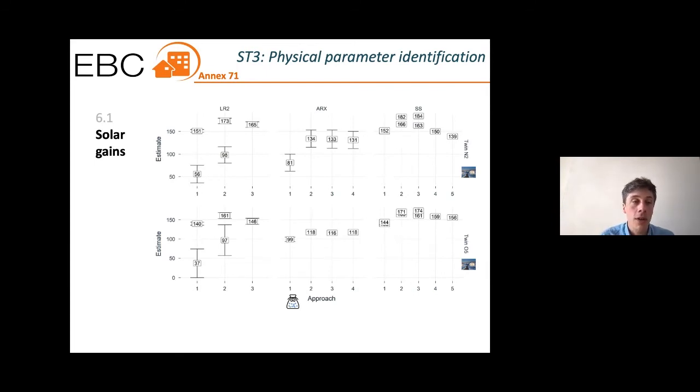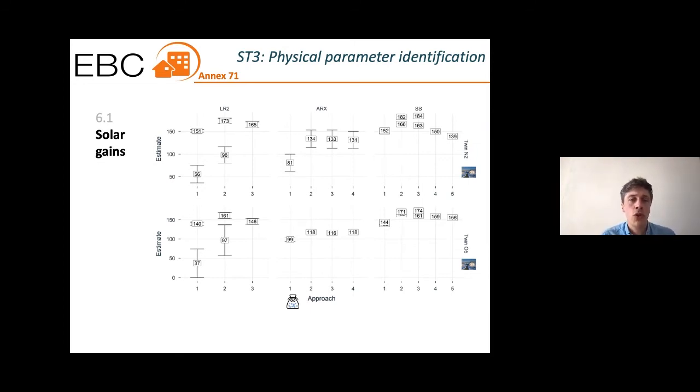So for instance, here you have 2 rows of graphs. Each of the case studies is a row. The first row is twin test house N2, and the second row is twin test house 05. So there are 2 test houses on this site.